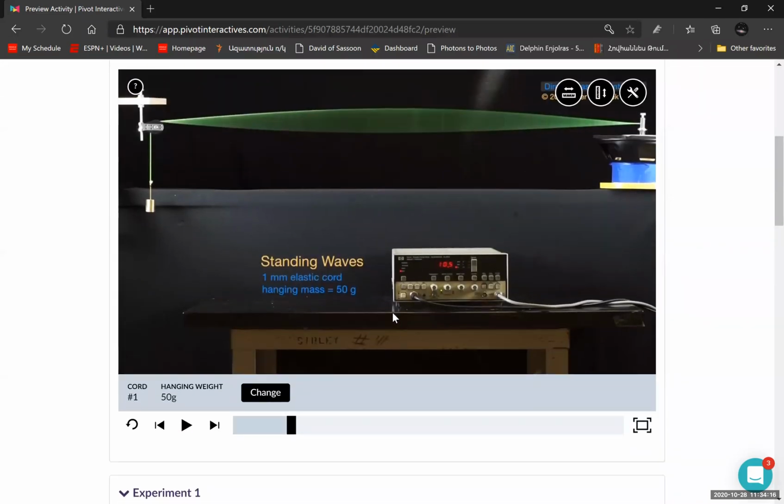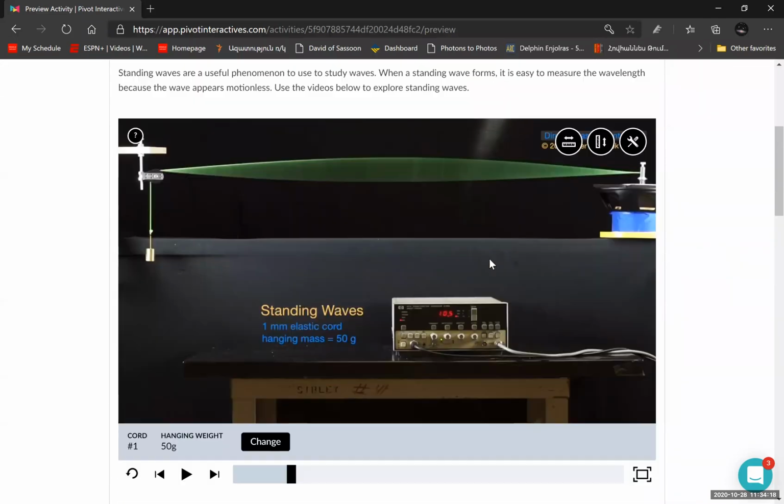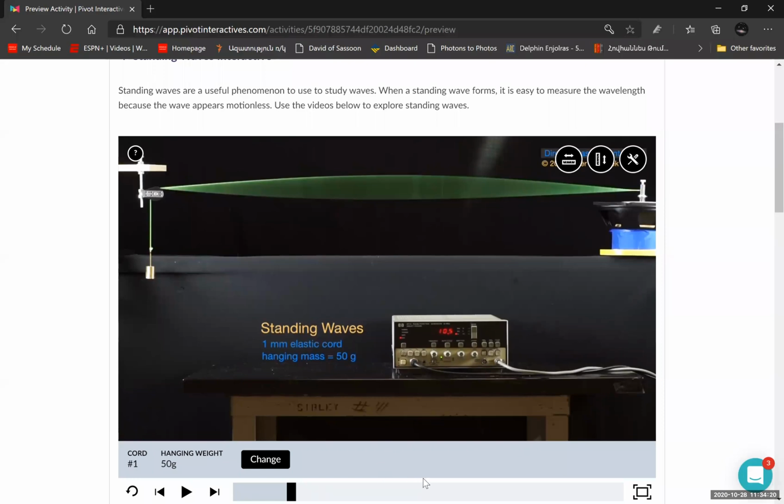Then I need to find the wavelength. How do I find it? According to that equation, wavelength equals 2 times L divided by N. I measured the length here as 1 meter, and N is 1.